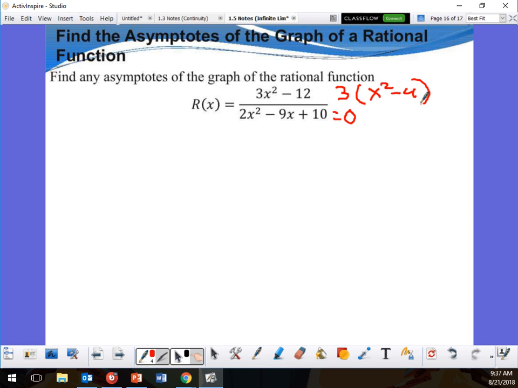So if I have an x plus 2 or an x minus 2 here, and I could actually cancel one of those, what would happen? It would be a hole, not an asymptote, because it's a removable discontinuity. That's important. So when you're factoring it, you have to look at the top also.